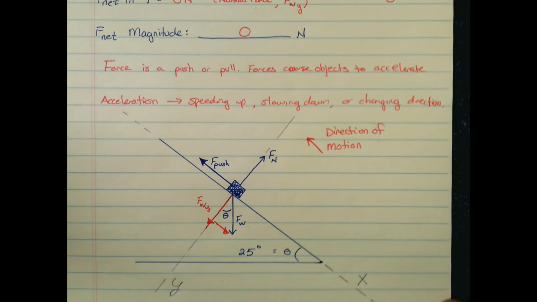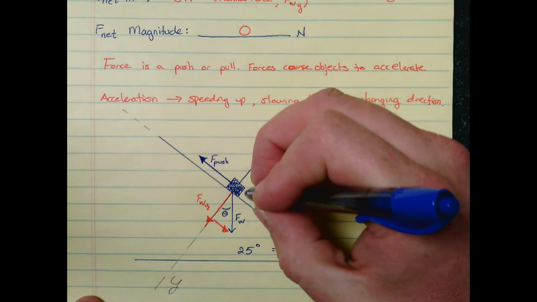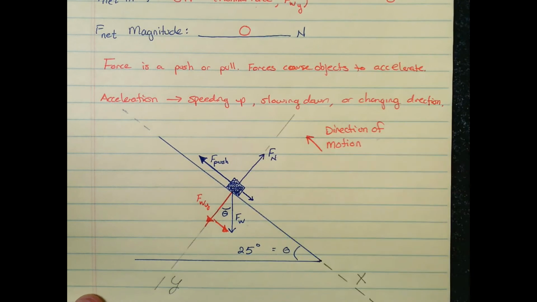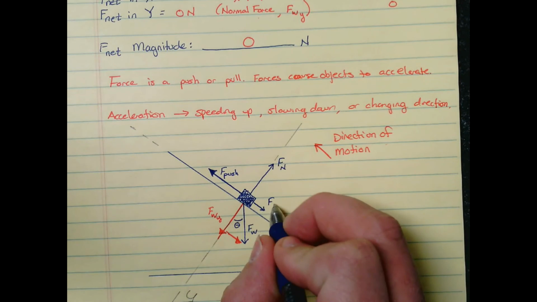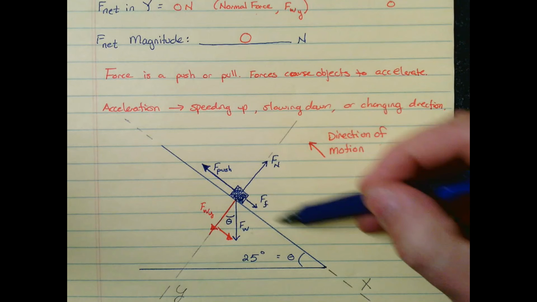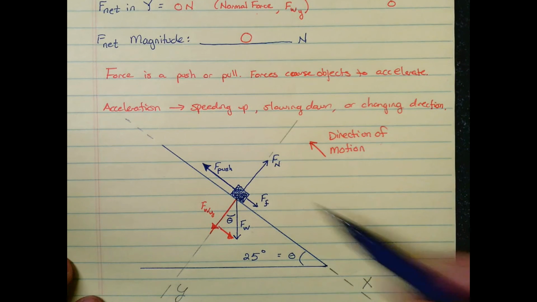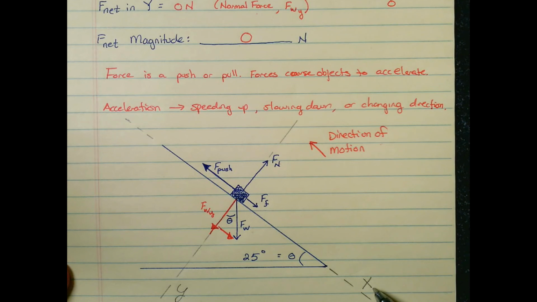And last but not least, there would also be a little bit of resistance due to friction. Because this is a rough surface, friction always opposes motion, so it's going to be pointed down because the motion is up. So there'd be friction along the x-axis as well.